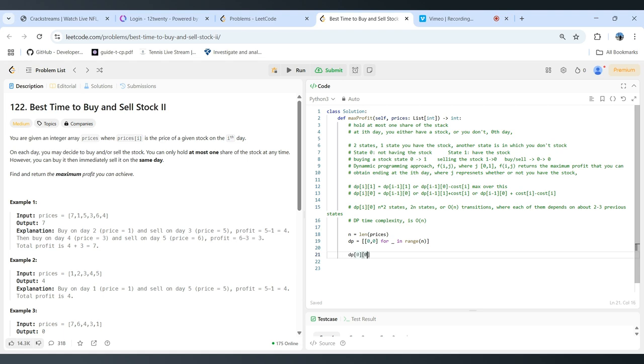So you can say dp of 0, 0 is equal to max between 0, or you can buy and sell immediately, so price is 0 minus... wait, if you buy and immediately sell on the same day, it's the same thing as just not doing anything with it, no?